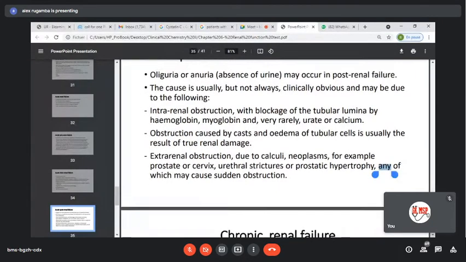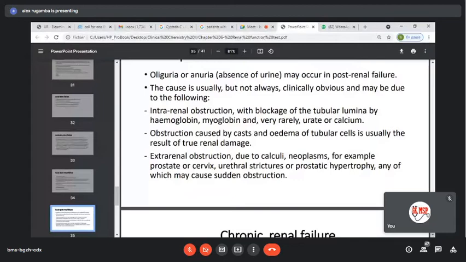There is also extrarenal obstruction. This extrarenal obstruction may be caused by cancer. For example, prostate cancer may obstruct the tubular system of the urinary tract, like any other neoplastic cancer, urethral stricture, or prostate hypertrophy.